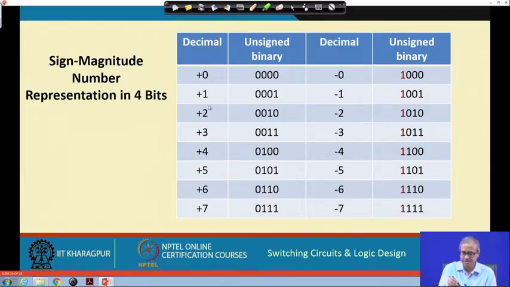So, you see that you can represent a total of 15 distinct numbers, because plus 0 and minus 0 have 2 different representations, and on one side I can represent plus 1 to plus 7, on the other side minus 1 to minus 7. So, 14 plus 1, 15 total numbers I can represent. Okay.